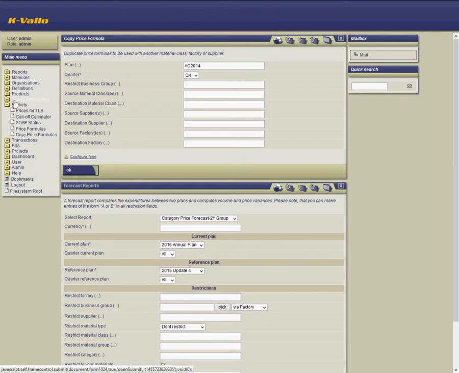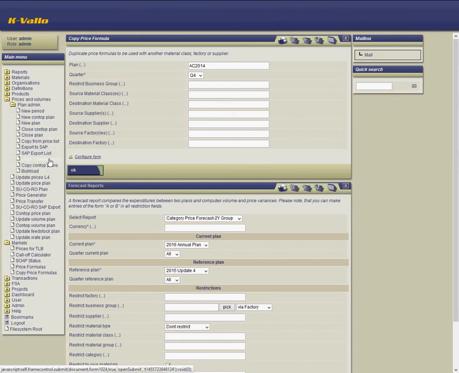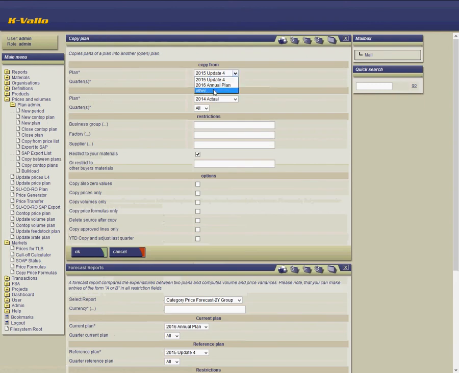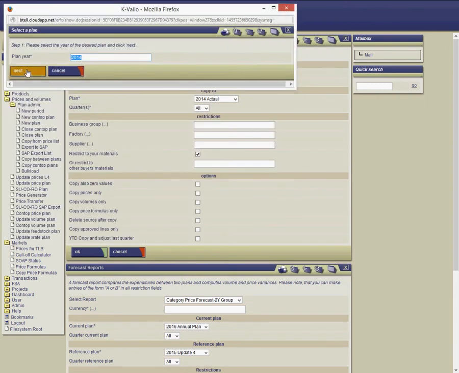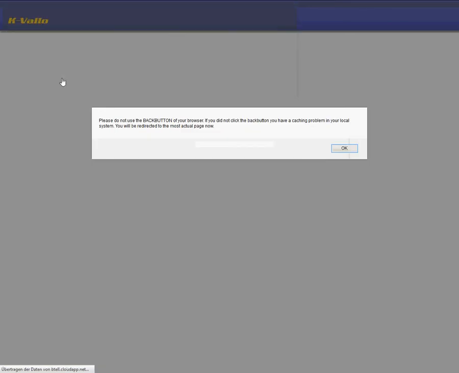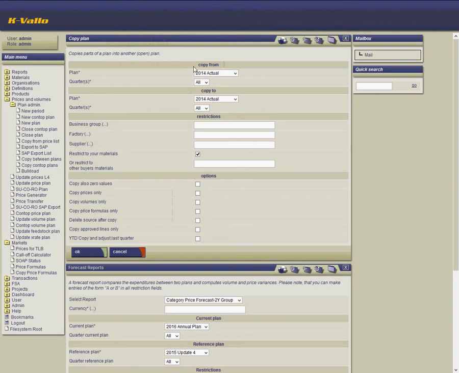I'm sorry, we use the copy function in a different context. So we go to plan administration, copy between plans. So we copy the 2014 Q4 price formula, and we're going to copy it to 2015, to the first quarter, and we're going to restrict it to a specific supplier, because with him we're going to do it.